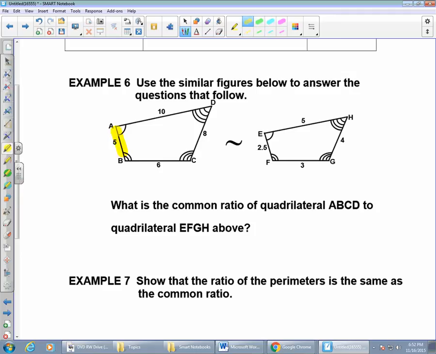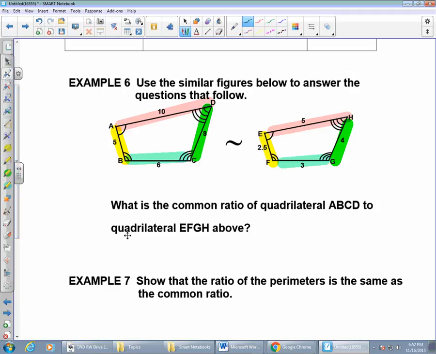AB corresponds to EF, AD corresponds to EH, DC corresponds to HG, and BC corresponds to FG.